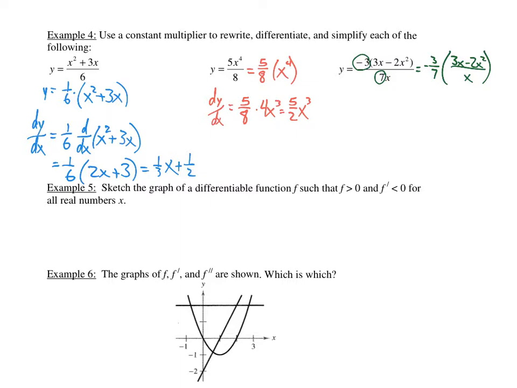What could I then do in the parentheses? It would be 3 minus 2x. I could cancel the x's, reduce it down, so it's 3 minus 2x. So now it's -3/7 times 3 minus 2x. There was a common factor of x in the numerator that I could cancel with the denominator. And now, taking the derivative is actually pretty easy. It's dy/dx equals -3/7 times -2.